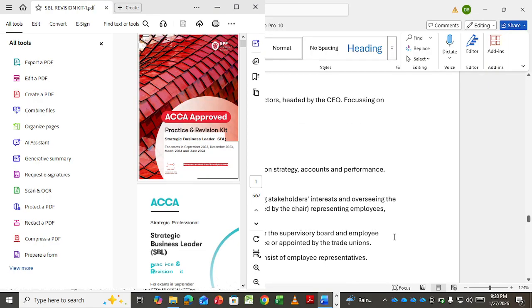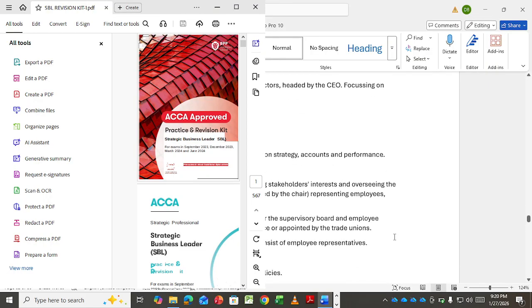The shareholders will elect their representative to be on that board, usually by voting rights at the annual meetings, which they usually call AGMs. The shareholders are given the chance to select or vote for someone that can represent them.